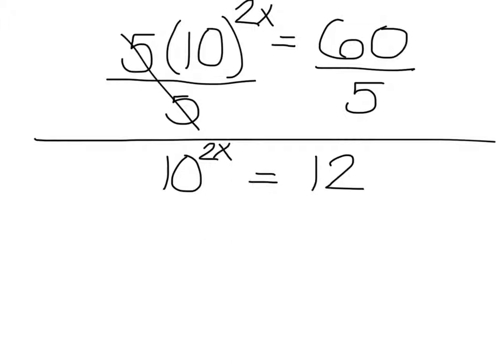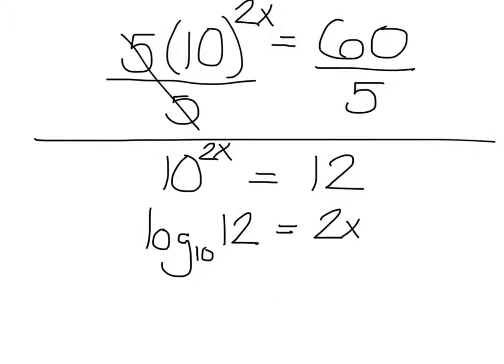Now I'm at a point where I can convert this to a logarithm. So I'm going to say log of 12 base 10 is going to be equal to 2x. I'm going to throw this left-hand side into my calculator, and it's roughly around 1.08. So all of this, if I put it into my calculator, comes out around 1.08.